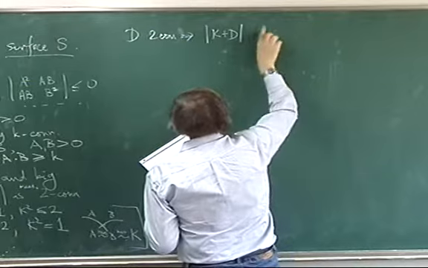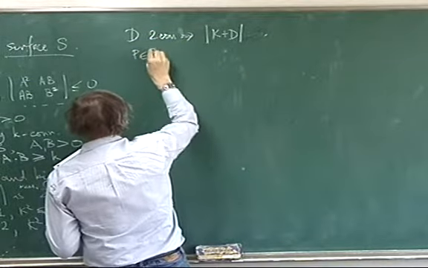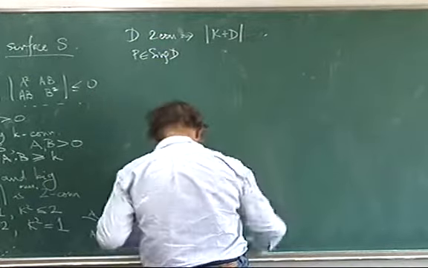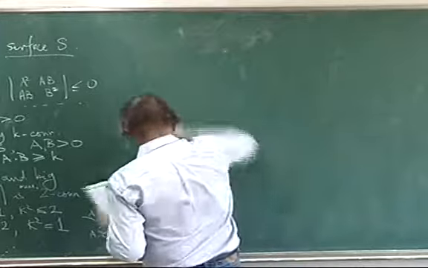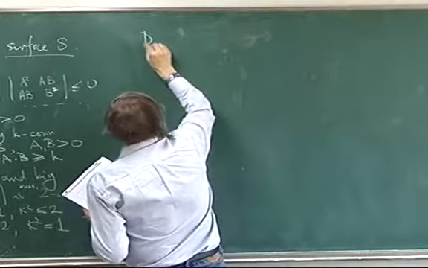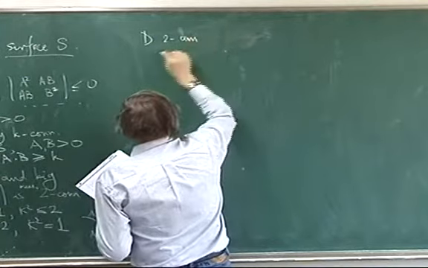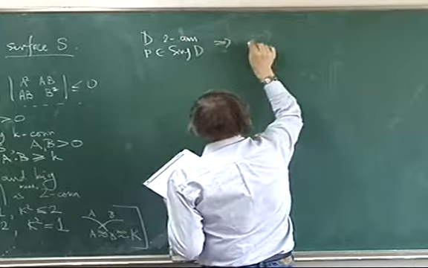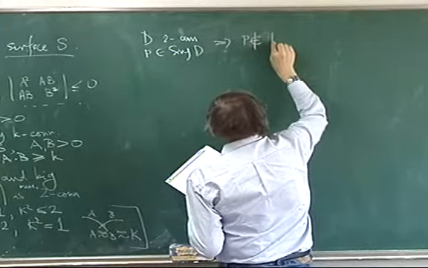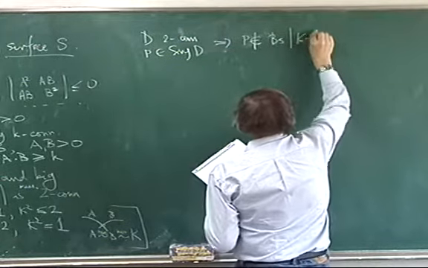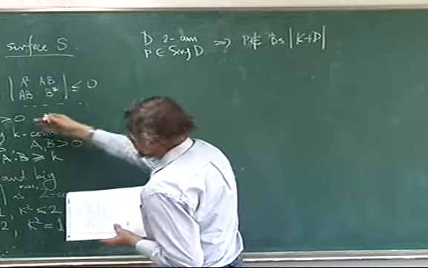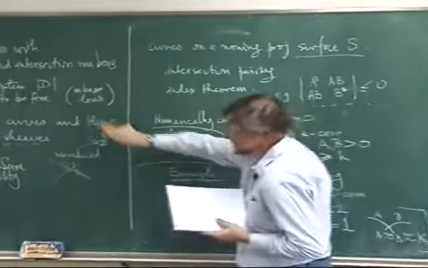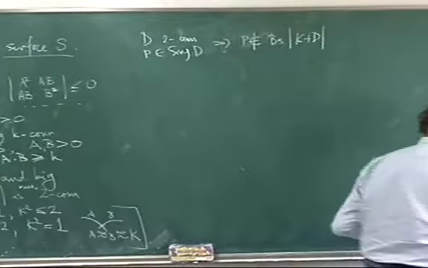More precisely, if D is 2-connected and P is a singular point of D, this implies that P is not in the base locus of K plus D. In this case we proved this for K plus D.